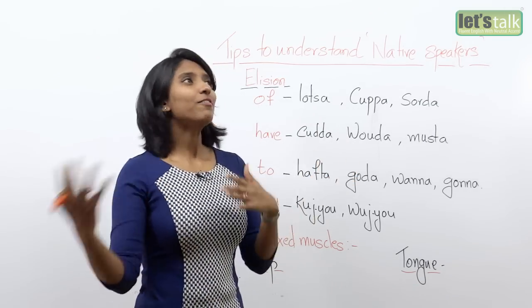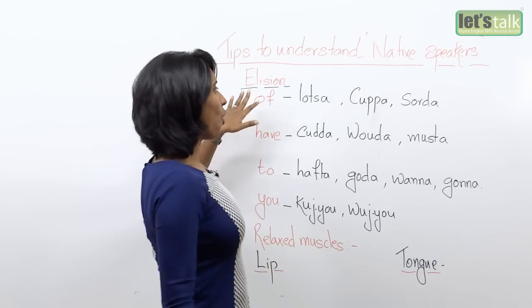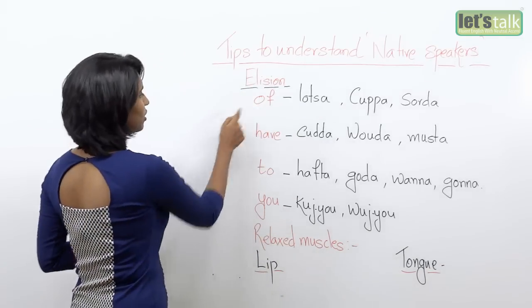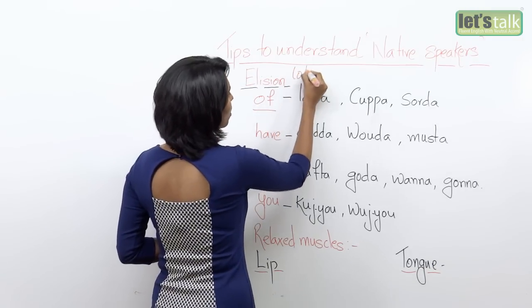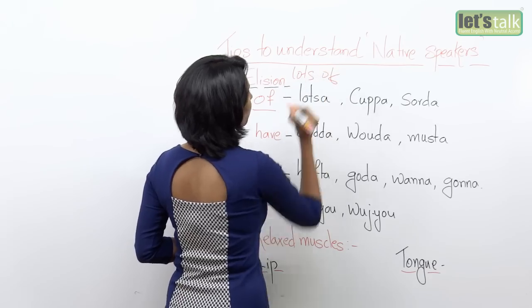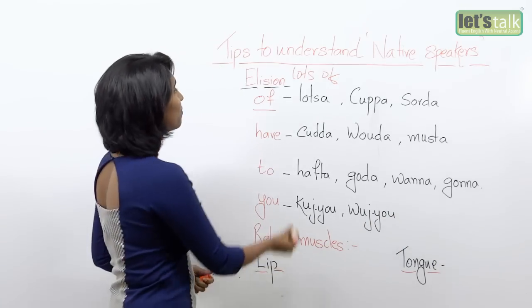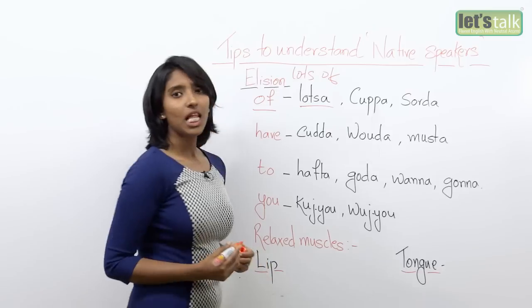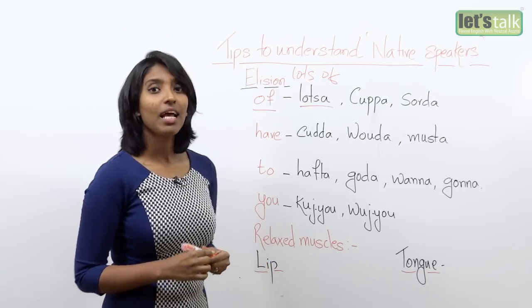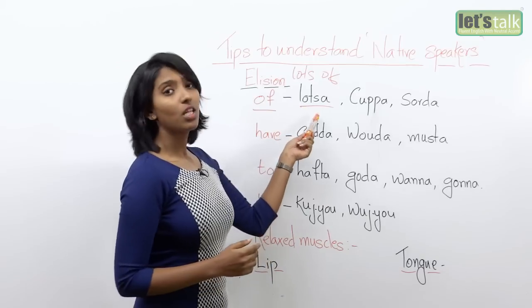English users or native speakers, they don't really pronounce this word out loud or very clearly, of. Where do you see this preposition, of? You will see it with lots of. Like, I have lots of love for you. So instead of saying lots of love, they're going to say lotsa. I've got lots of money. I need lots of money. Lotsa.